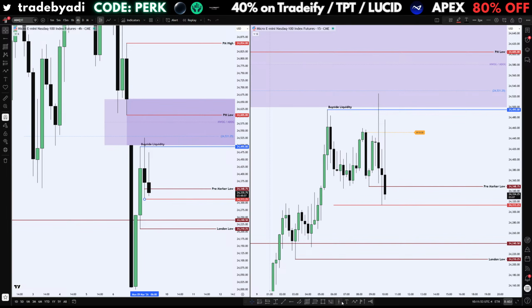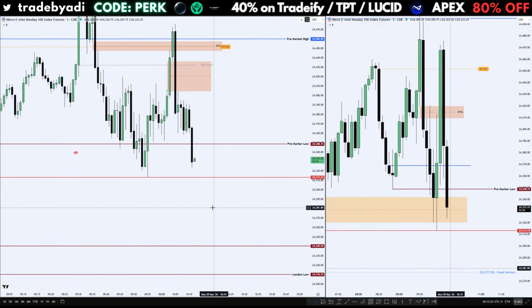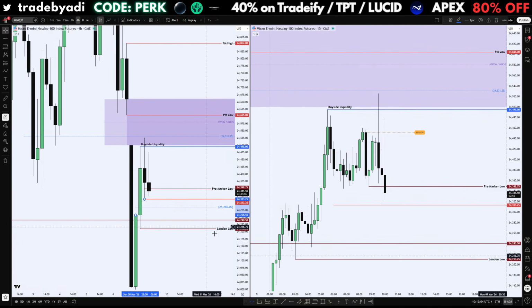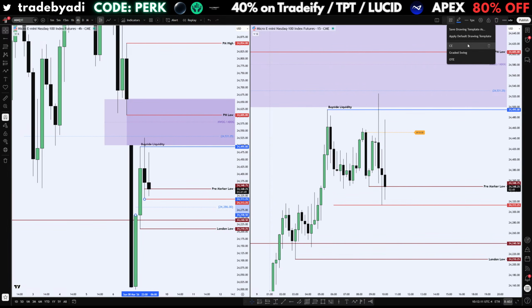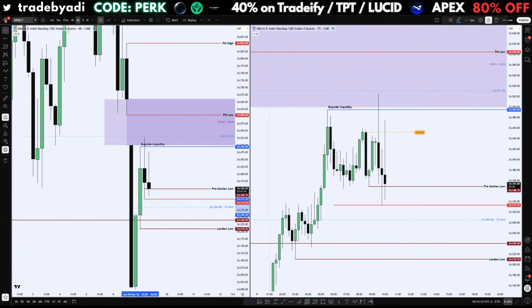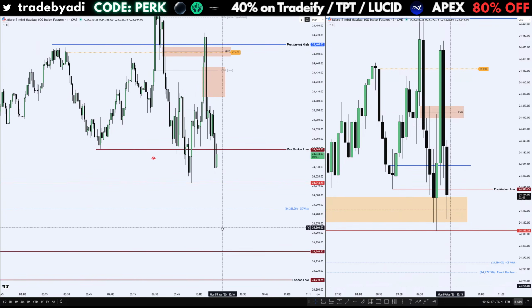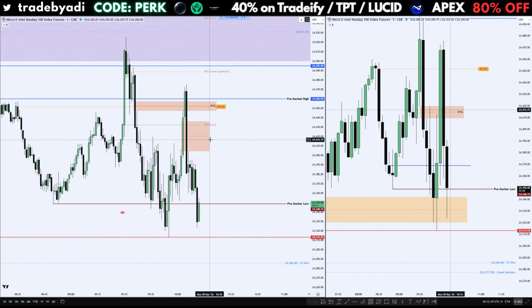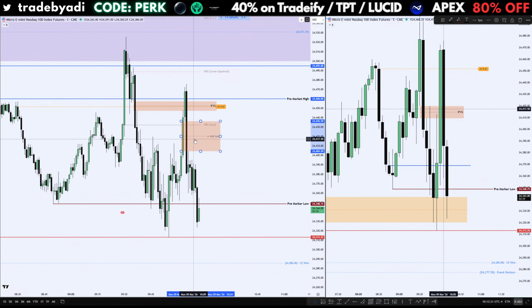And what I'm going to do is mark down the quadrants level for this. 24,286, this level we are going to look for. And most likely, if we are not going to tap this gap, it can be the breakaway gap also.